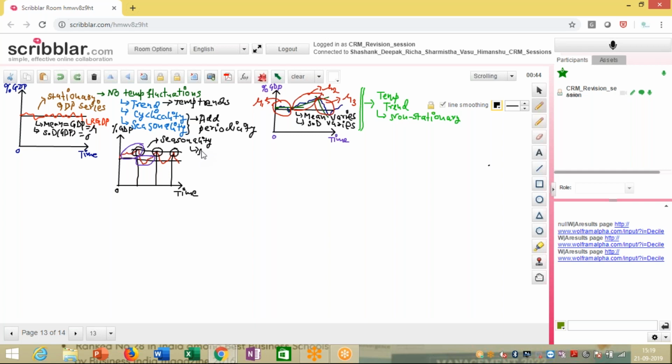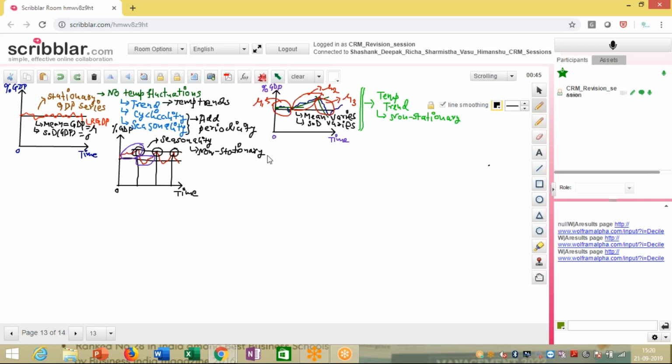So this is another element which causes non-stationarity in the behavior of the variables. So these are the three key components because of which non-stationarity arises. Rather, let me put it this way: these are the three components which create non-stationarity and can be adequately treated, right?